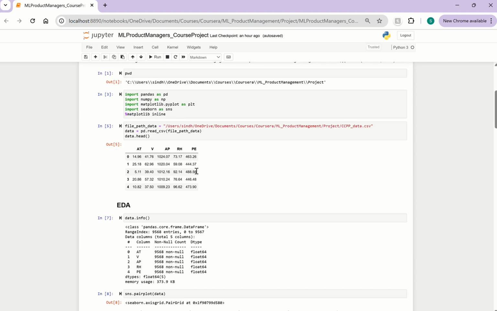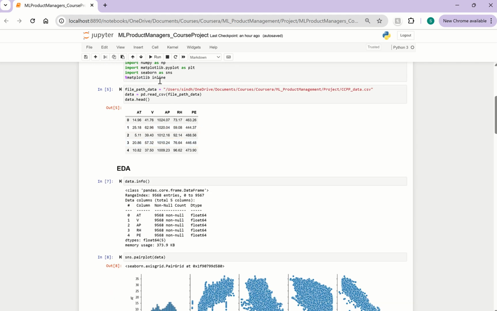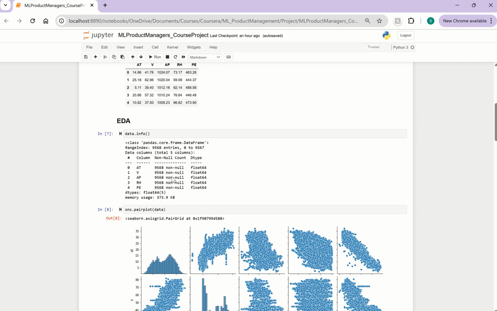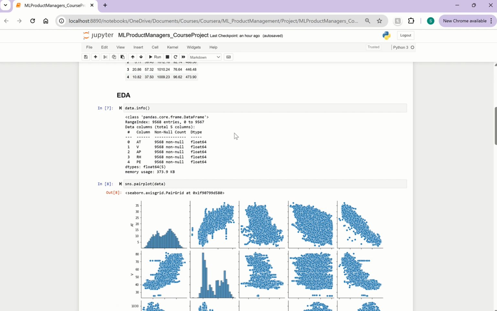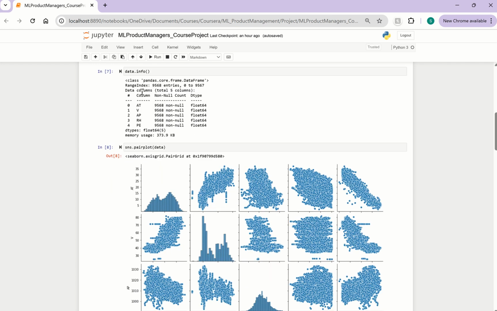To walk you through my process, after loading in the relevant libraries and the data set itself, I went into some exploratory data analysis. You can see that in this data set, we have about 9,568 entries or measurements across all four of those variables mentioned above.